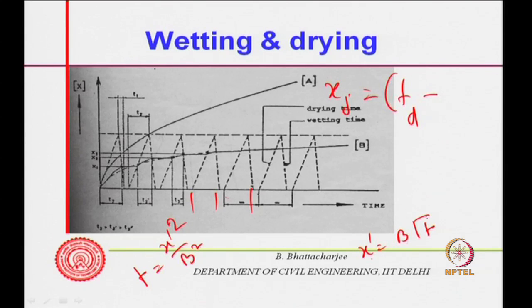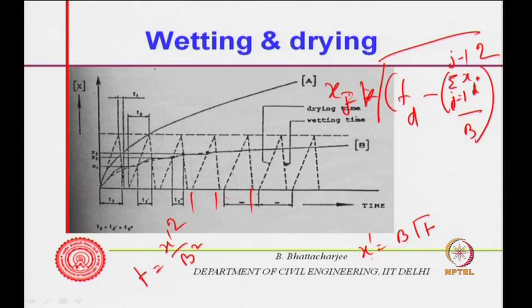Therefore, this would be simply the sum of x_j going from 1 to j minus 1, divided by B square, and the whole of this thing should be under root, multiplied by k.